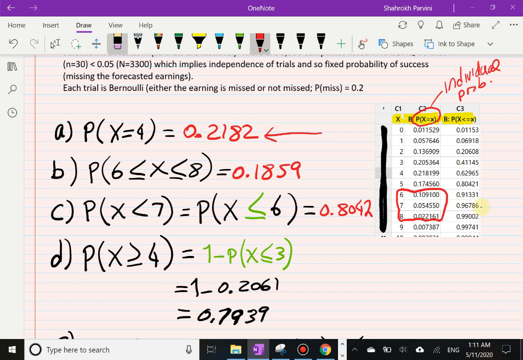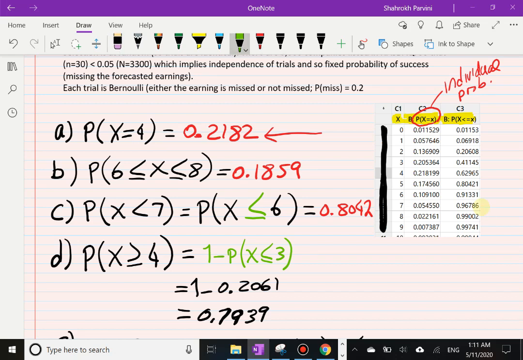Probability of less than 7. Well, notice less than 7 here doesn't have an equal sign. So less than 7 really means less than or equal to 6, right? All right. So here's 6.